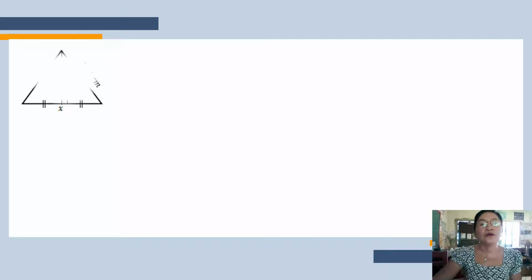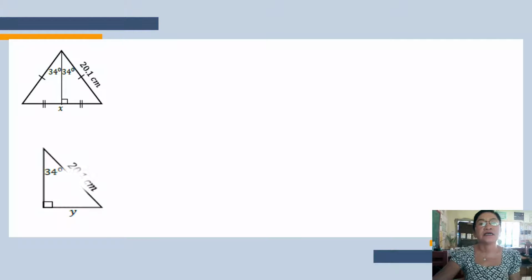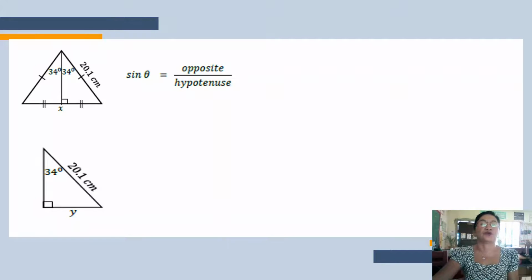Looking at the figure or your illustration, the trigonometric ratio to be used is the sine ratio. Why? We know that sine is defined as the opposite side over the hypotenuse.